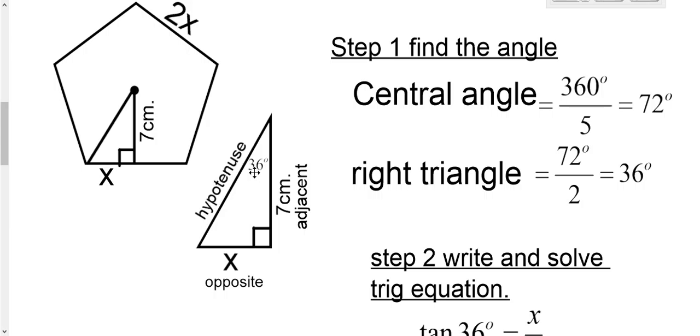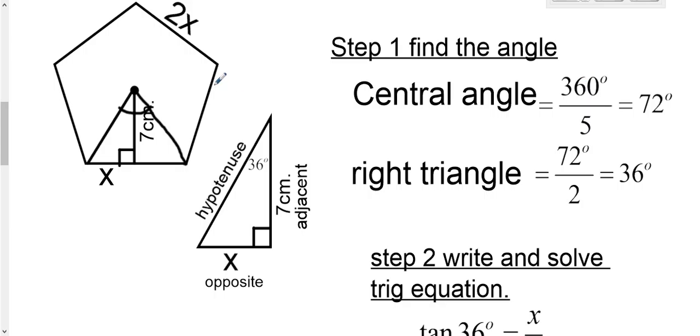So I've blown up this right triangle real big. I've already got the angle. So here's how we found that angle. Remember, the central angle is the one that goes from here to here, this radius to this radius. It's this whole thing. Then we're going to divide it by 2 and find what goes inside this little right triangle, this half of it.